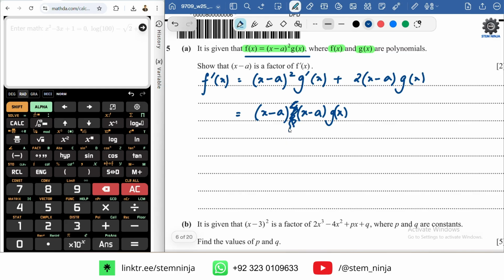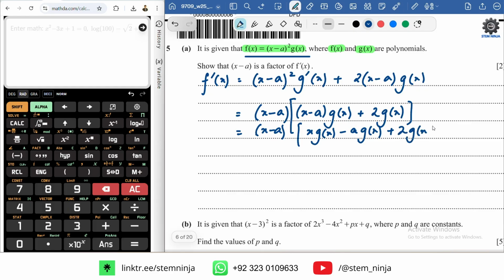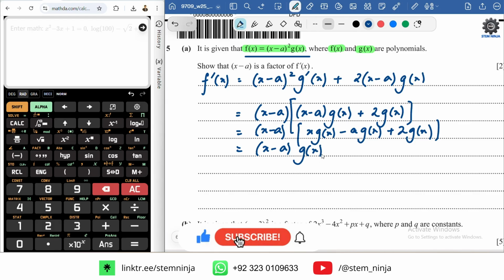So x minus a, times g prime of x plus 2 g of x. You can also multiply it over the brackets. So x minus a, this would become x g of x minus a g of x plus 2 g of x. We don't actually have to simplify this quite that much.